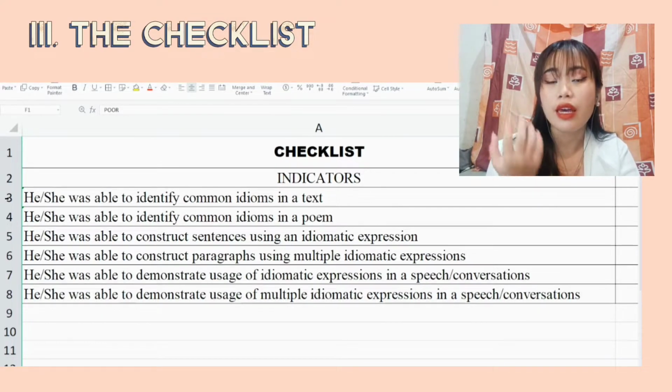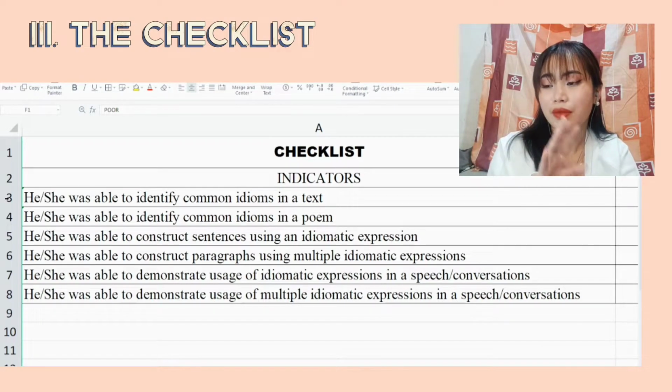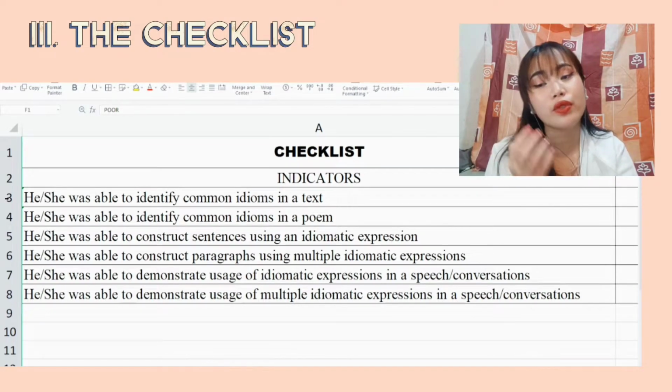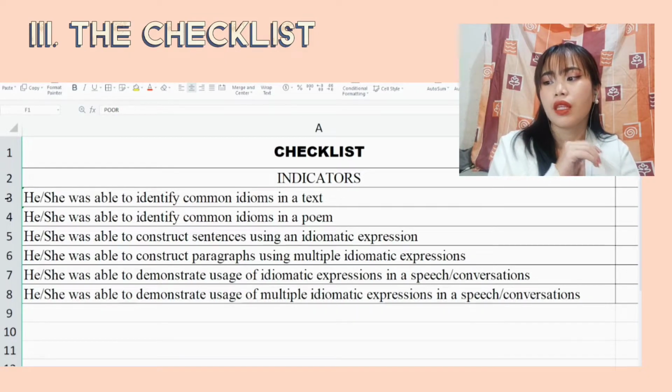If Chris is able to perform this indicator well, or he is able to demonstrate usage of idiomatic expressions in a simple speech, a presentation, or a conversation, then you know what to rate him.